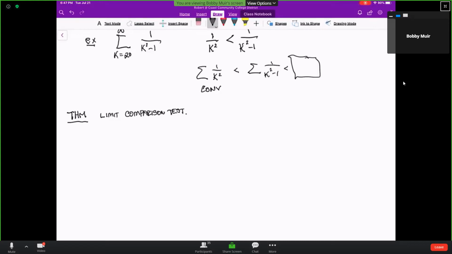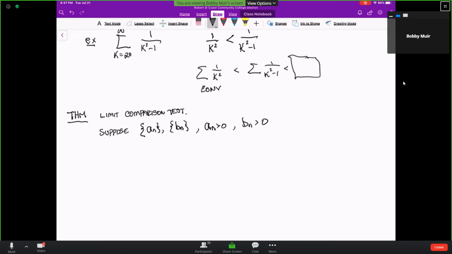Let's suppose we have these sequences An and Bn, An positive, Bn positive.